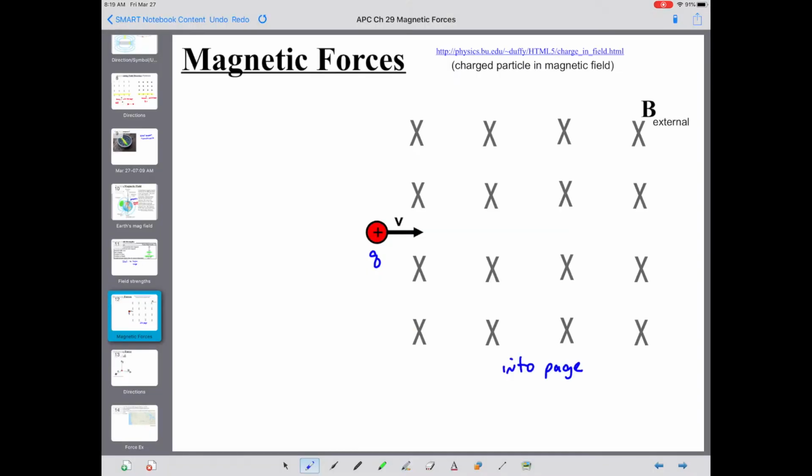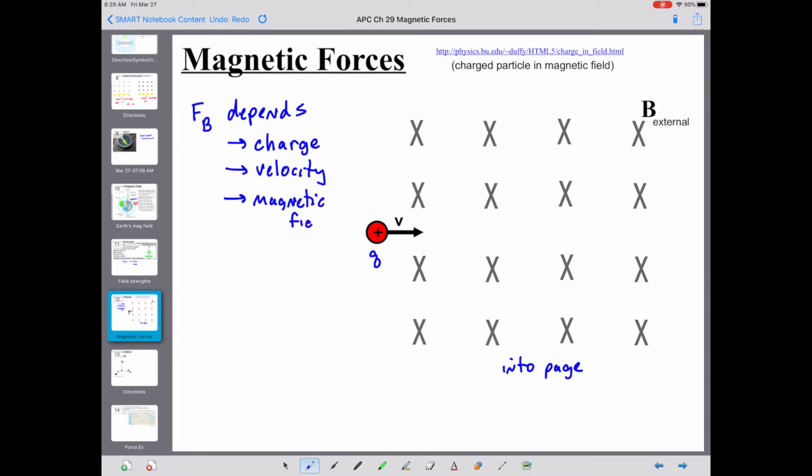So now if we come back to here, the magnetic force depends, as we just observed, on the amount of charge. It also depends on the velocity of the charge. It will also depend on the magnetic field.